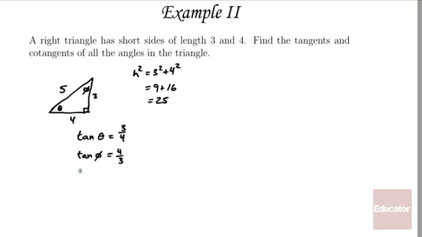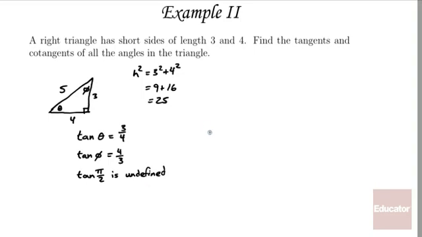And then the last angle in the triangle is 90 degrees. So that's the tangent of pi over 2 radians. But remember, the tangent is undefined for pi over 2. So I'm just going to leave that as undefined. That's because tangent is sine over cosine, and cosine of pi over 2 is 0.